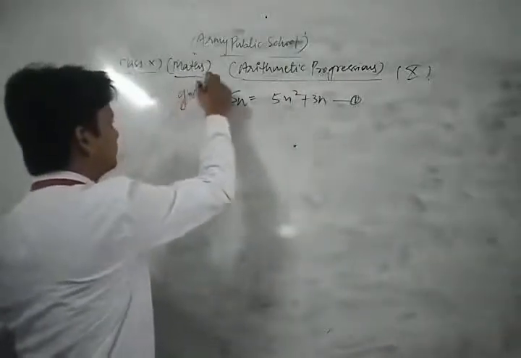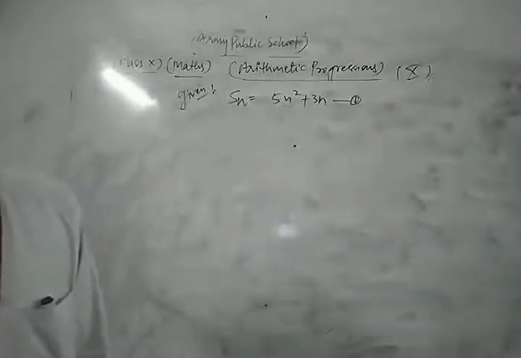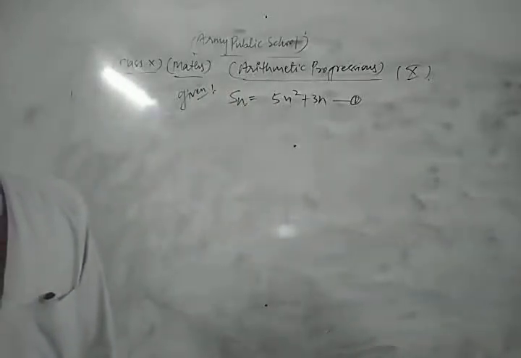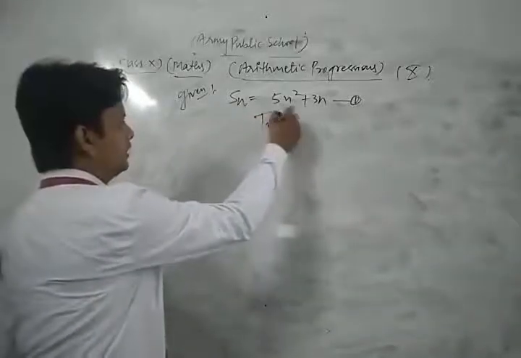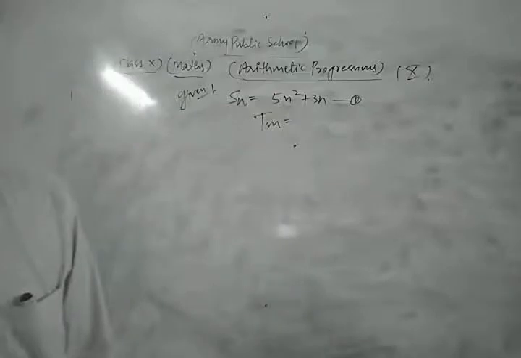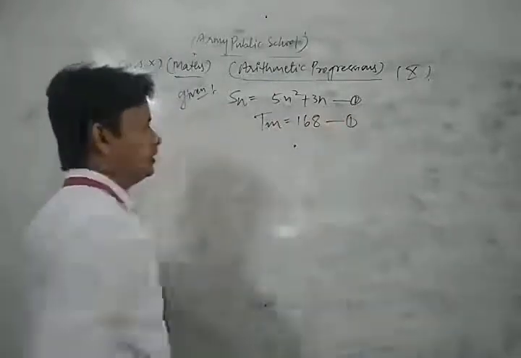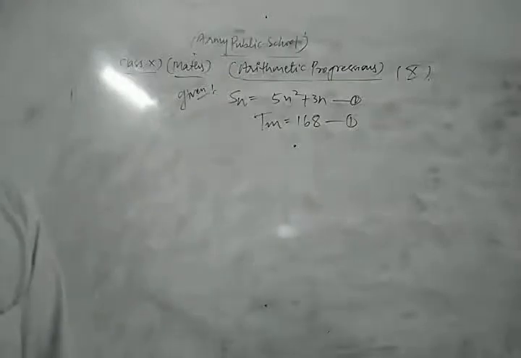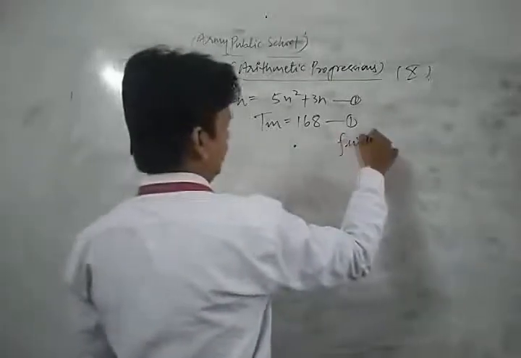The sum of n terms of the given AP is given in this way, and its mth term is also given as 168. Find the value of m.